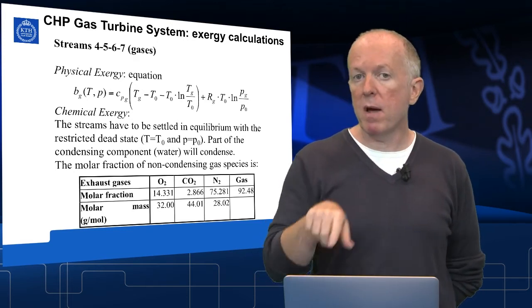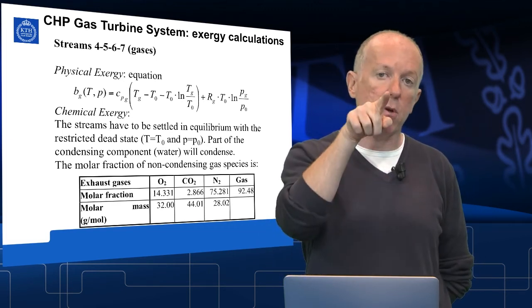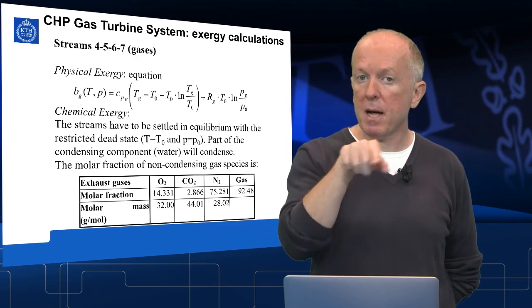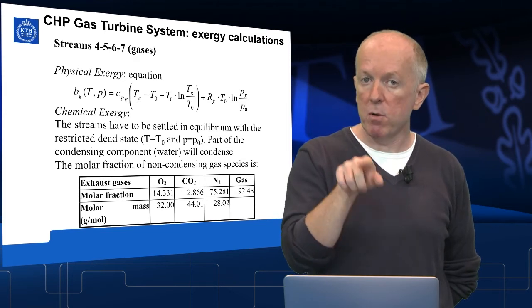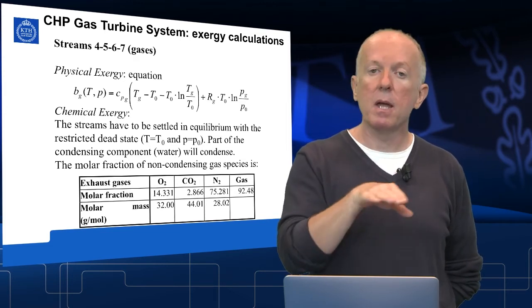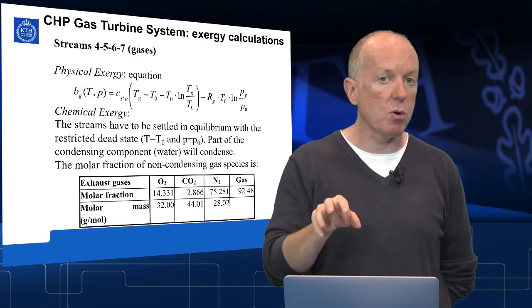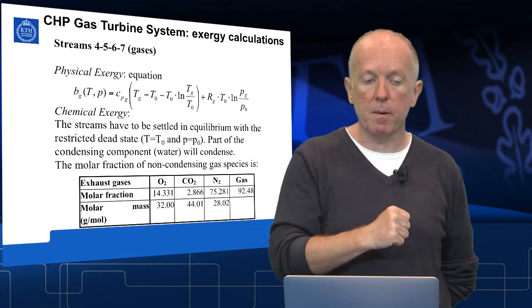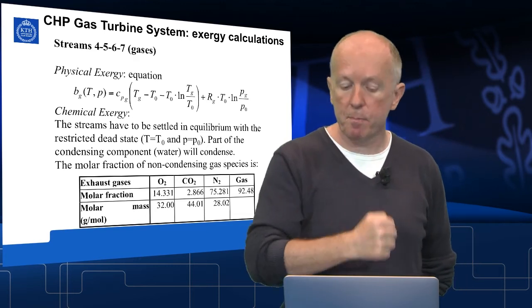For example, if you have chemical species that can condense when they are cooled down, you have to take into account that part of your chemical species will be found, when you put it in equilibrium with the biosphere, in a different state of aggregation. To be clear, it can be partially condensed.